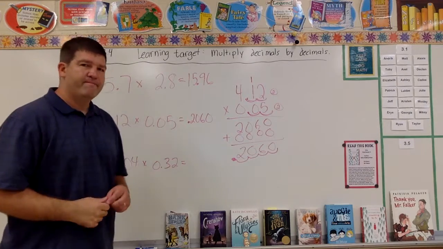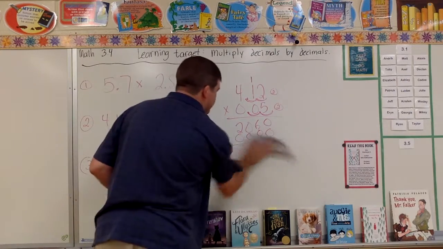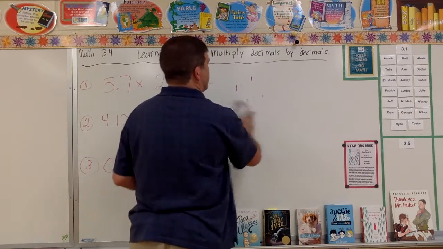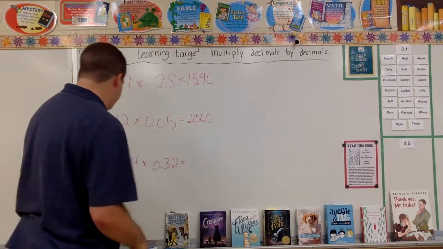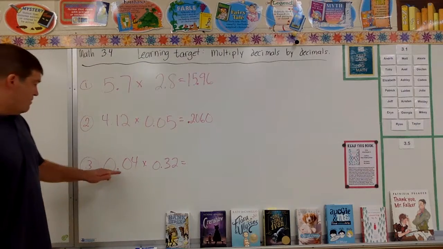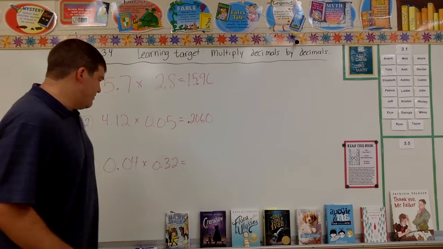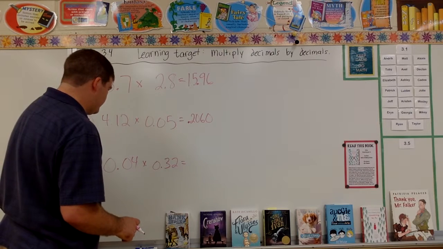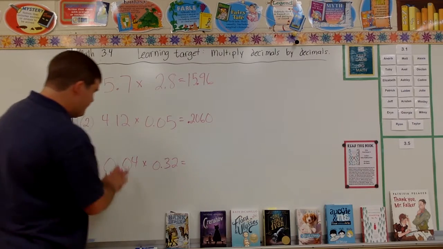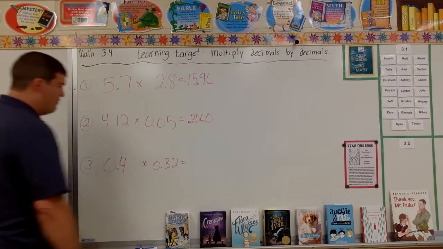All right. Cool. Let's do one last problem, and then you'll have a chance to do some guided problems and independent practice. So this one is 0.04 times 0.32. And in fact, I am going to change this one to be 0.4.